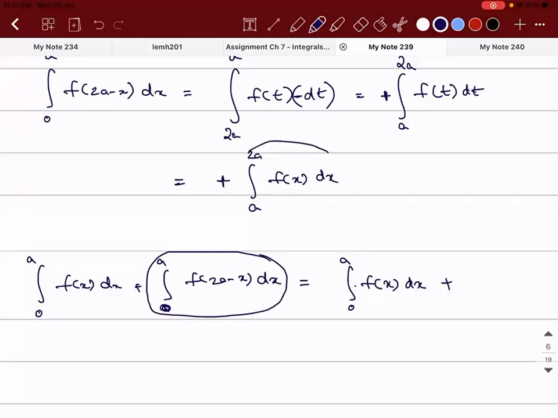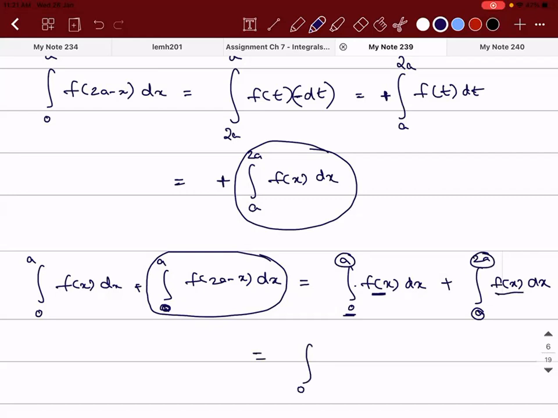This I can replace with integral of a to 2a f of x dx. So integral of 0 to a f of x dx plus integral of a to 2a f of x dx is going to give me integral of 0 to 2a f of x dx. So this is what is LHS. So this is another important property that we need to have in our mind.